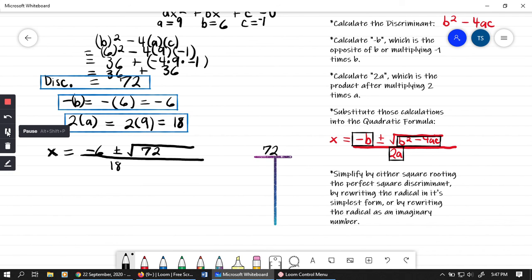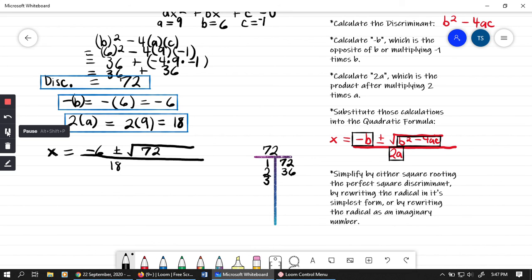So again, just as a little reminder of writing a radical in its simplest radical form, we identify those factors of 72, and we're particularly looking for factors of it that are perfect squares. I already see a perfect square. 36 is a perfect square.